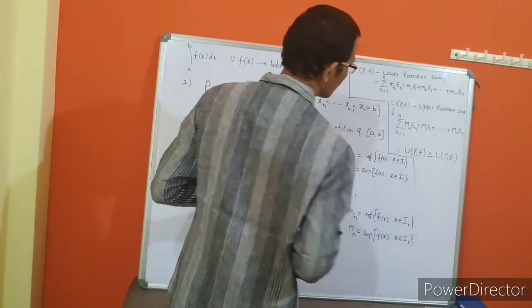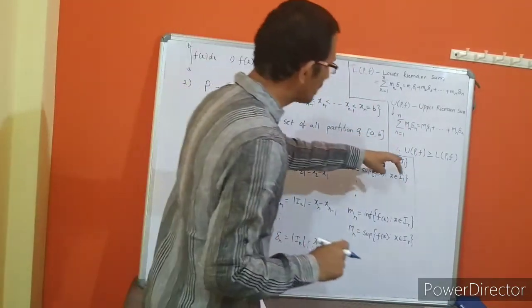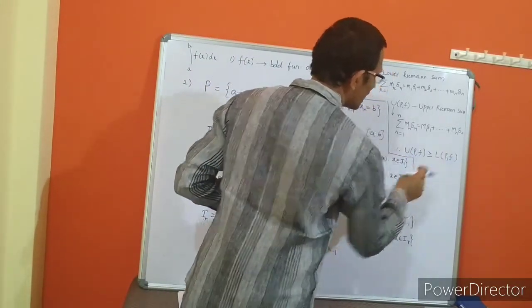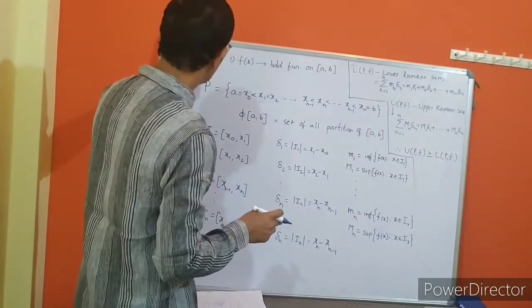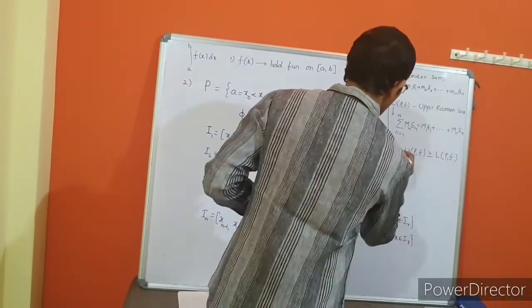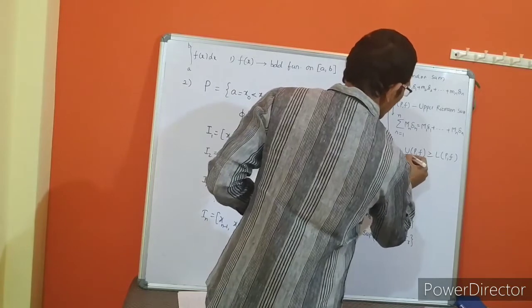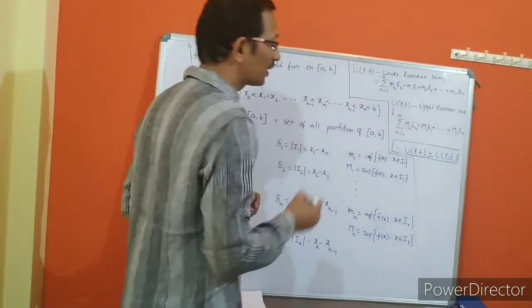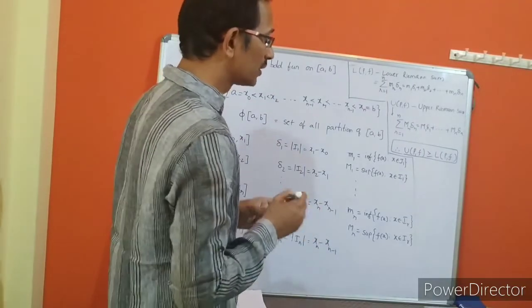But the upper Riemann sum is an approximation taken from above, and the lower Riemann sum is an approximation of this integral taken from below. That is why the upper Riemann sum is always greater than or equal to the lower Riemann sum.